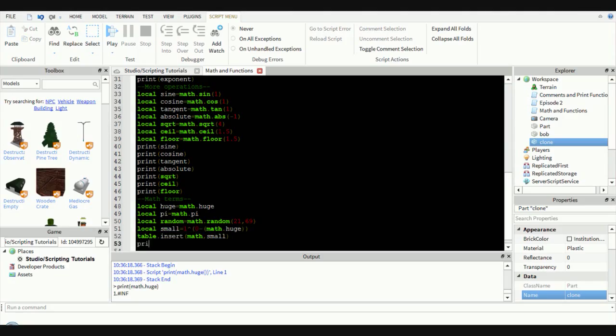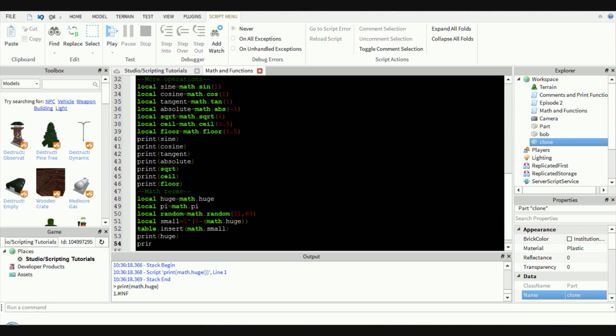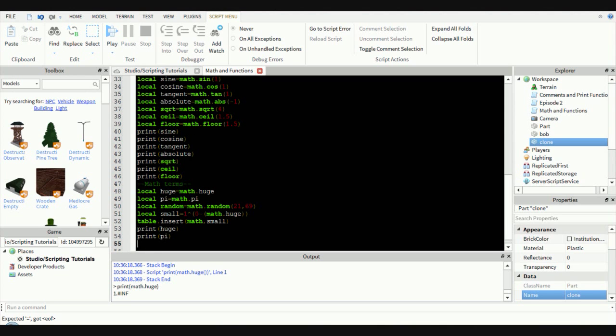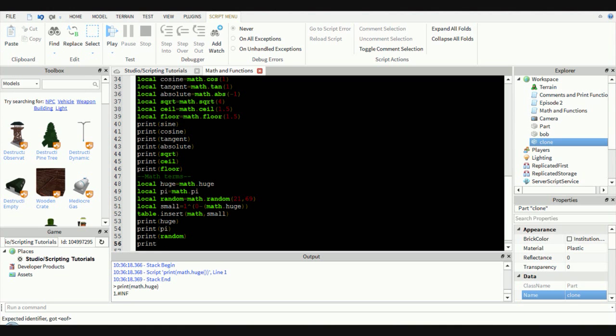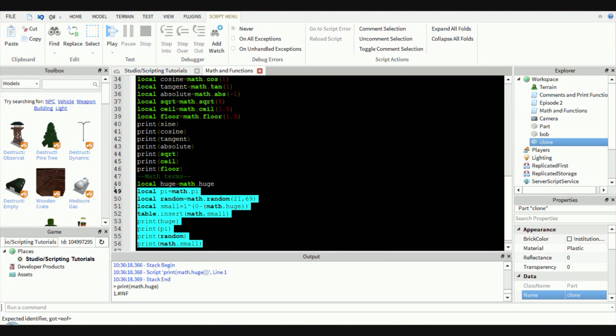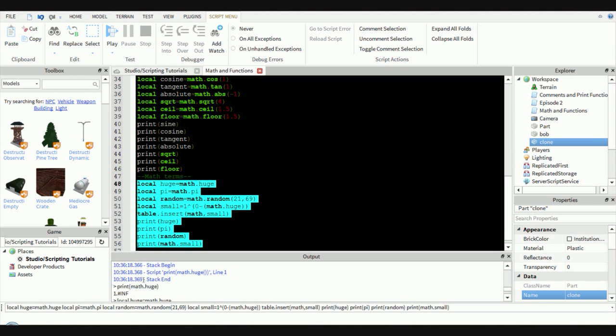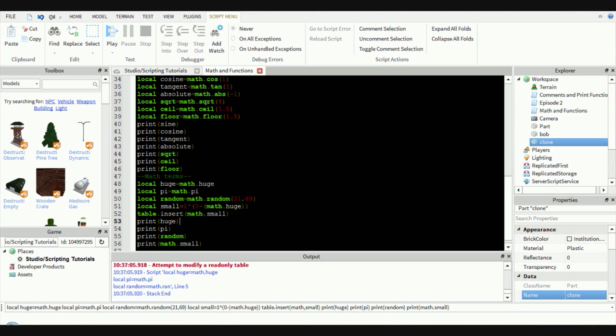So let's print huge, print pi, print random, and let's print math.small, if that works. Attempt to modify. Oh, it's a read-only table, so we can't do that, sadly. Okay, that's sad, guys. My breakthrough is over.